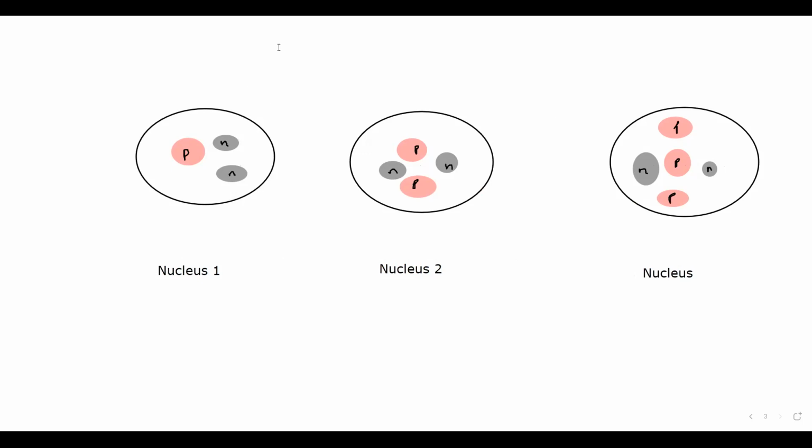Isotopes means they should have the same number of protons and different number of neutrons. That we call an isotope. So the question is, are they isotopes? Yes or no?